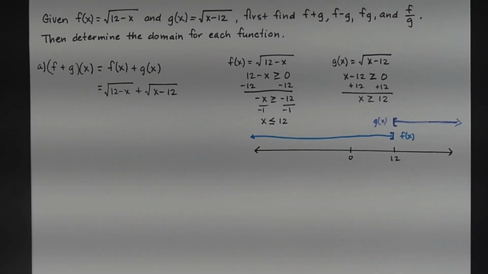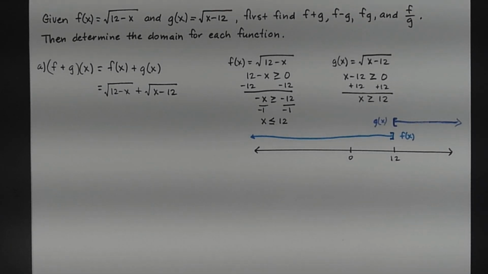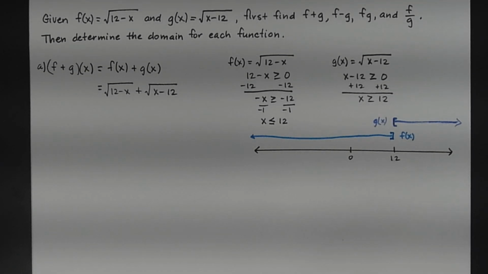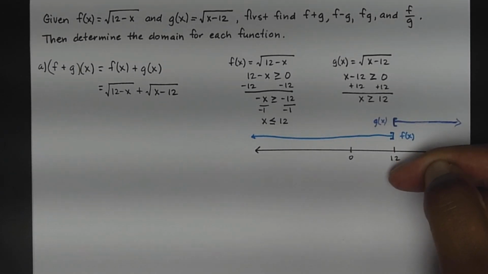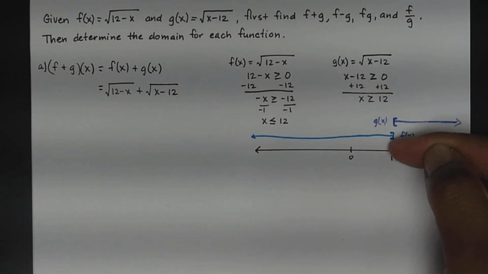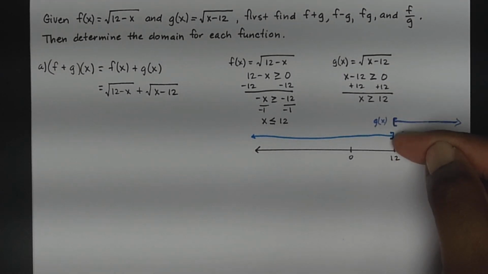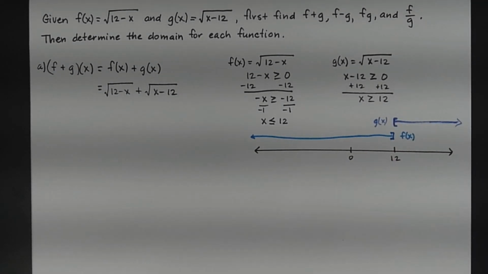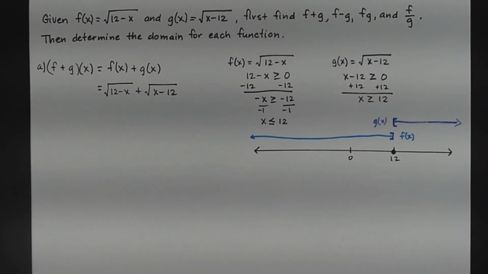Now, here when we're combining those two functions, we're looking for the intersection. And the intersection means this. We need to find out what's common in both of these domains. And the only thing that I see that's common for f of x and g of x is going to be the number 12. Okay? That's the only thing that's common in both of these, the number 12.